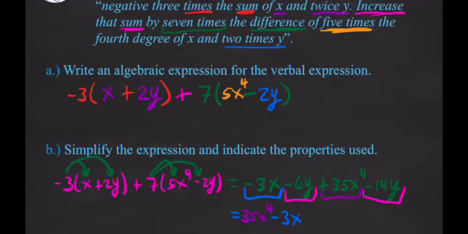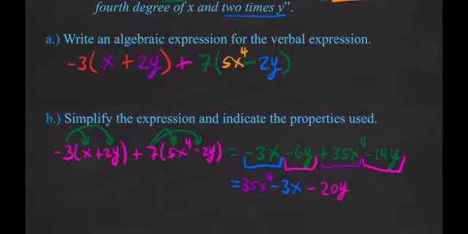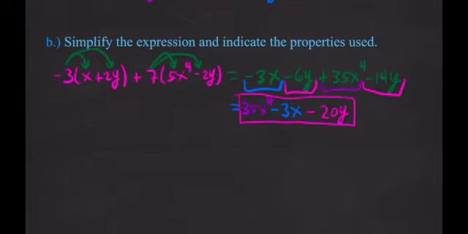They're both negative, so we're going farther negative. So this would be a negative 20y. There are no more like terms. So this expression is now in simplest form. Always put like terms together. If we want it in simplest form, we have to get rid of all the parentheses and put everything together.